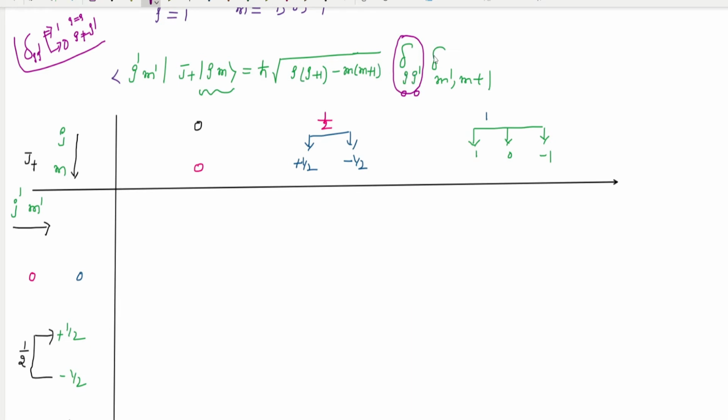Then you need to check the other delta function, and only then will the matrix values be generated. So what is the m prime value? m prime value is 0. What is the m value? m value is 0 plus 1. So this is the 0, 1 state, which means different states are there, and it goes to 0. Which is why this entire Dirac delta function goes to 0, the entire equation becomes 0, and I get the answer 0.